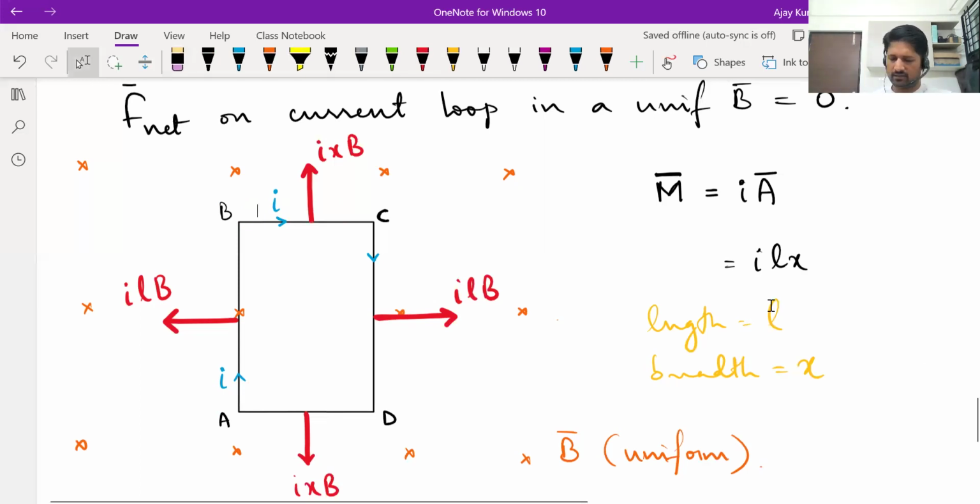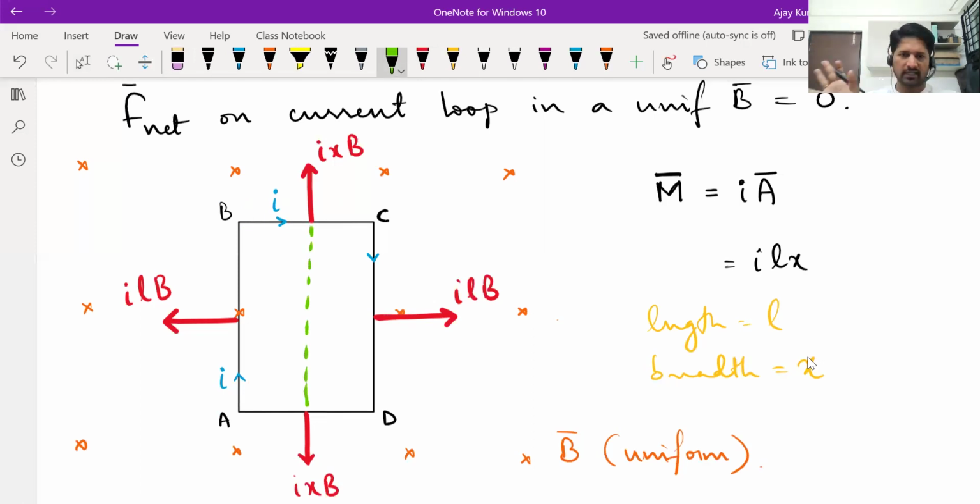Now you can see that the line of action of these two forces is the same, so their torques will cancel. The line of action of these two forces is the same, their torques will also cancel. In this present orientation, there is no torque on this loop. So at the moment the torque acting on this loop is 0. Net force is 0 anyway, as you can see.